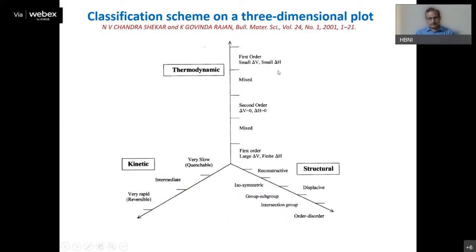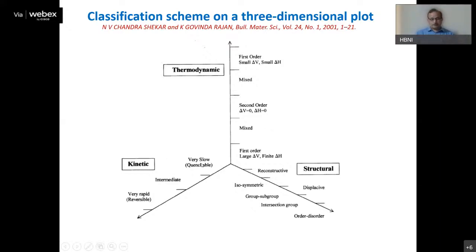Okay, so to summarize, we can plot these different classifications on a three-dimensional plot based on thermodynamics, based on kinetics, based on structure, based on mechanism, based on symmetry. So these actually are interrelated in some sense. Like I told, transitions which involve a very large amount of reconstruction will require some finite amount of change in enthalpy, change in volume, and because there is a large energy requirement, it should be slow also.